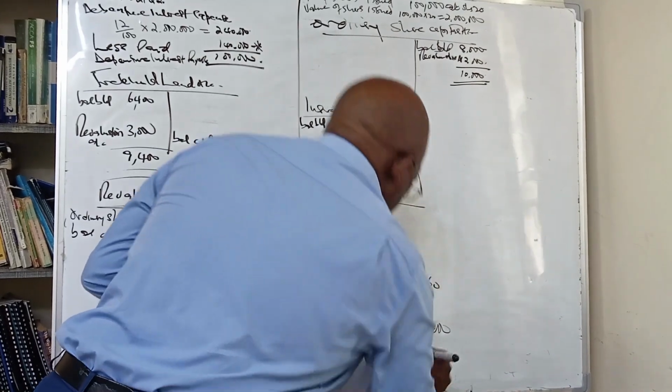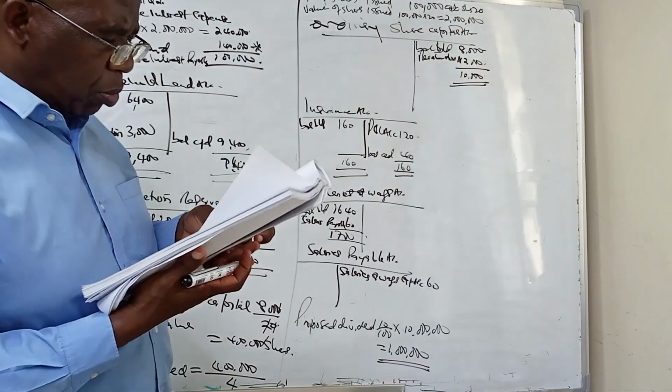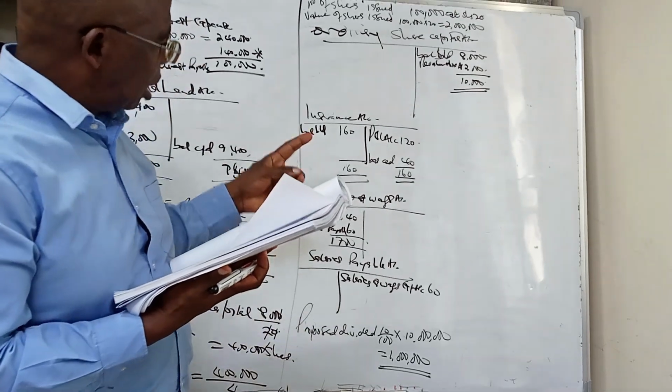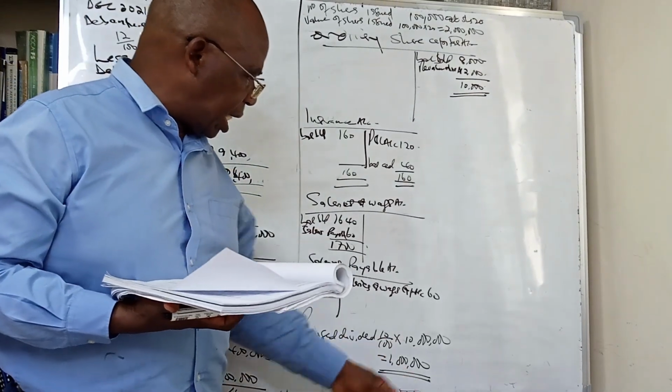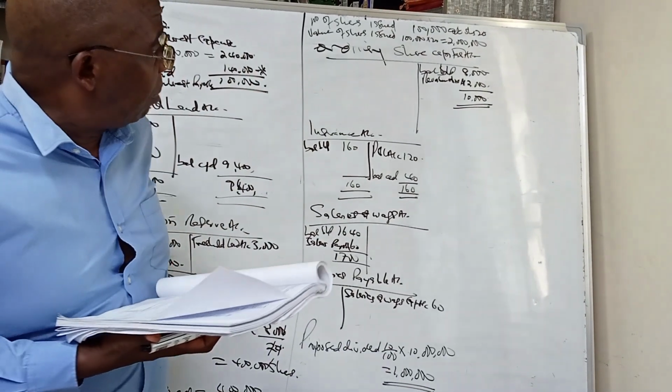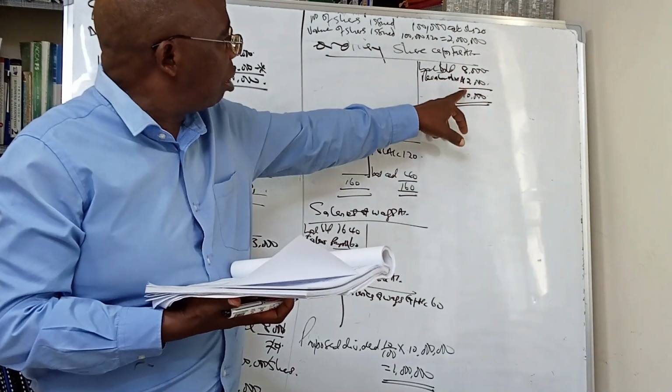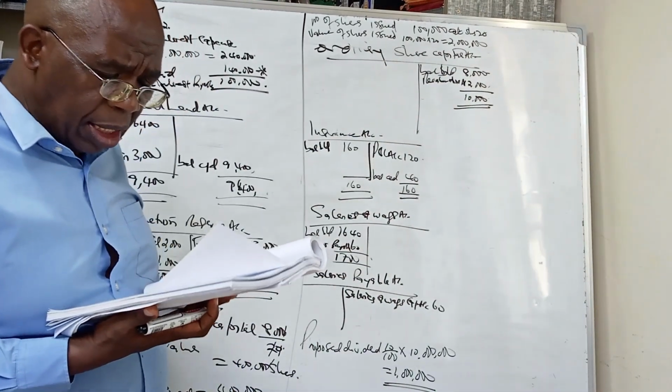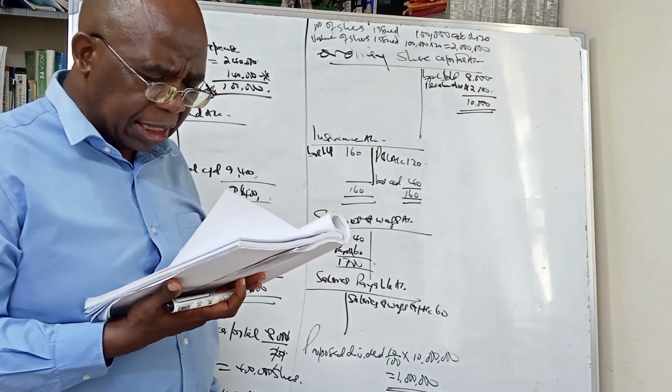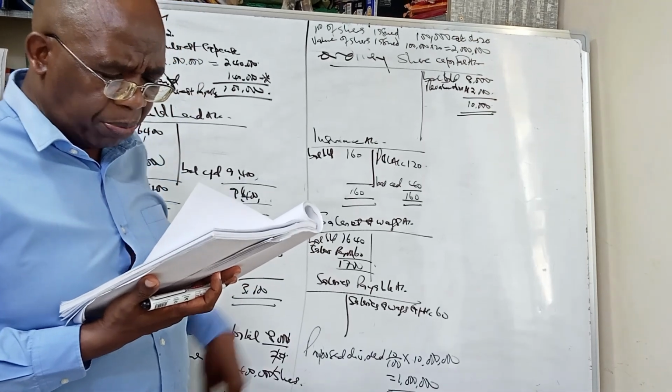The dividend to be paid becomes 1 million. 10% of 10 million, mark not 8 million, but 10 million.